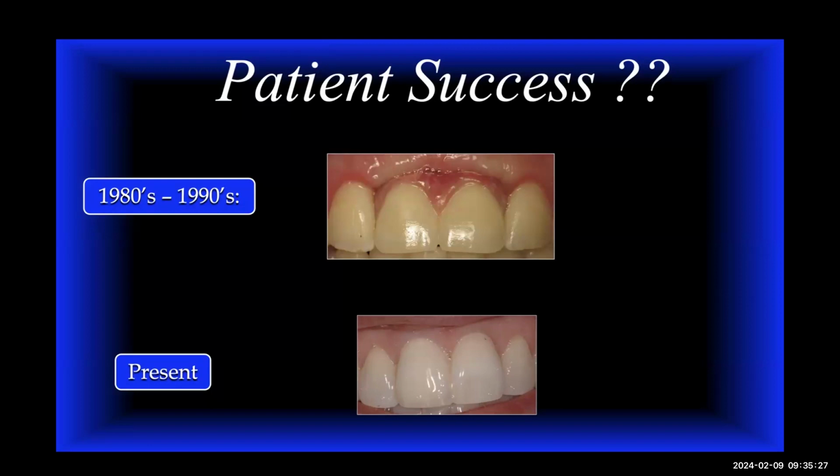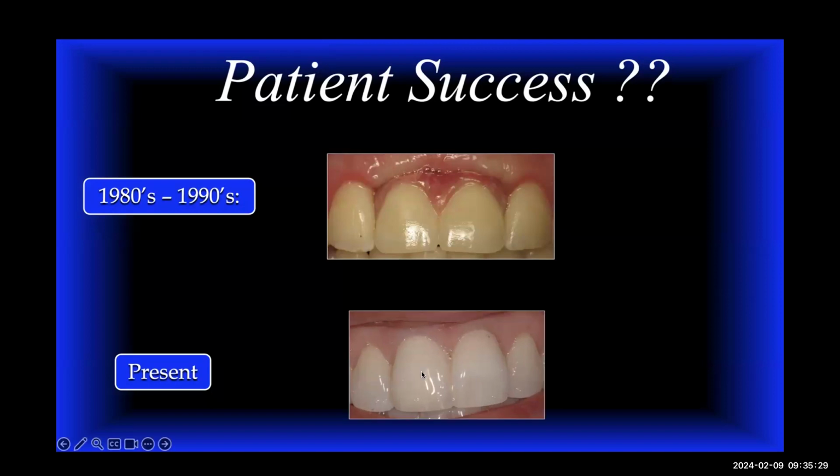Now, presently, patients demand and expect not only that the tooth should look like the other teeth, but the soft tissue should be exact. So the hard and soft tissue drape need to be exact. And it's very subjective. So this implant on number 9, maybe this patient doesn't like something about it.